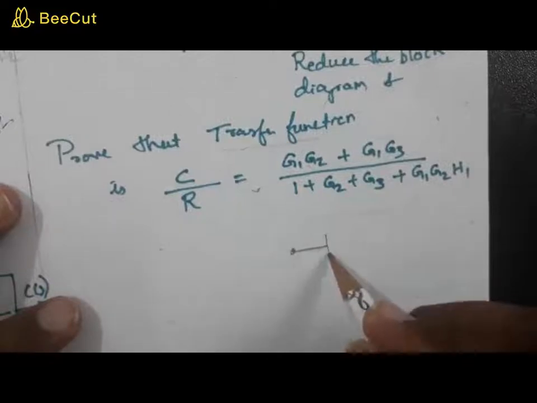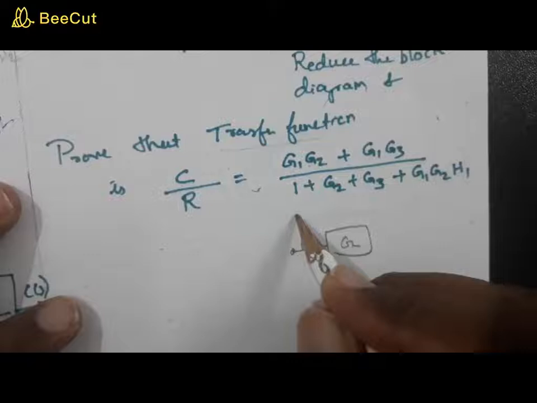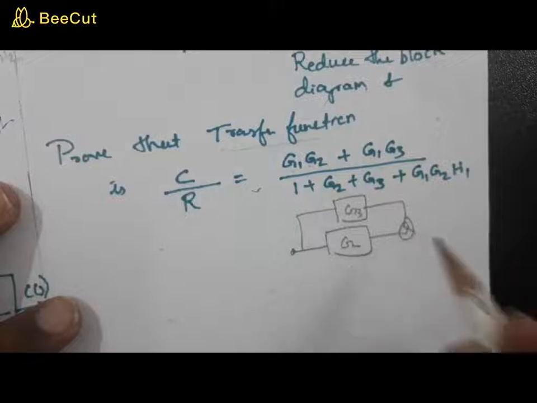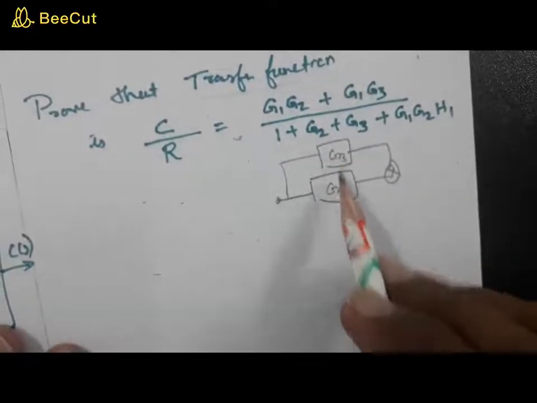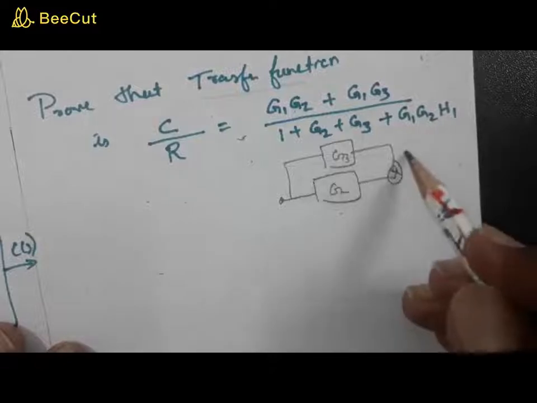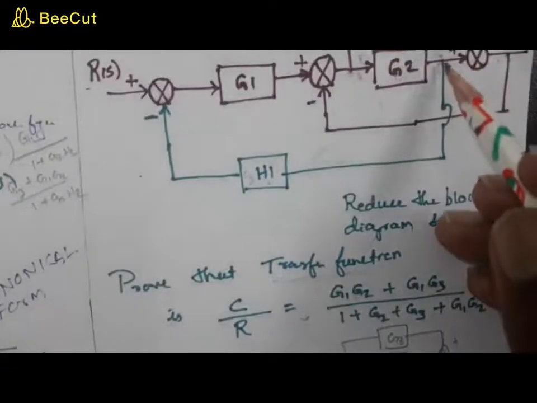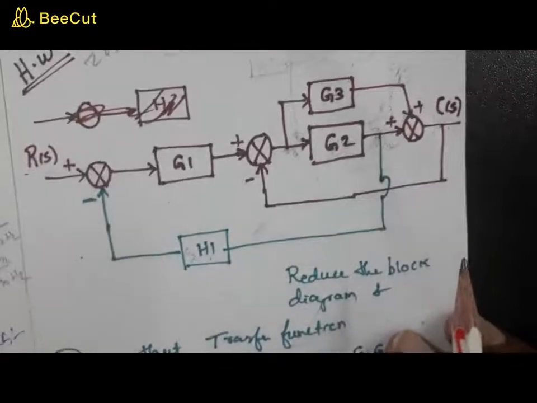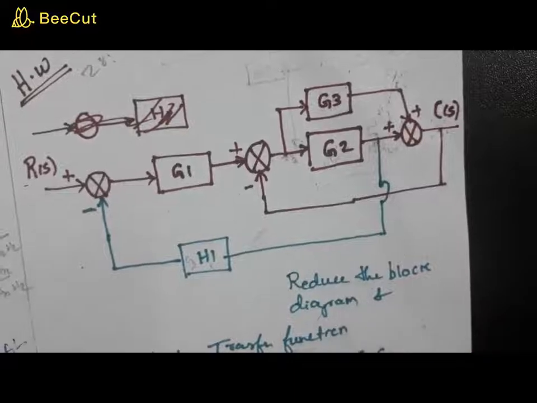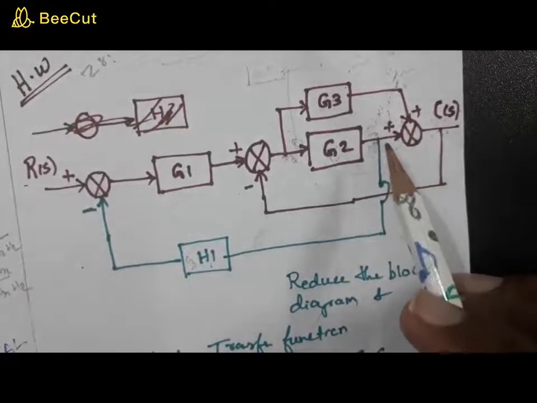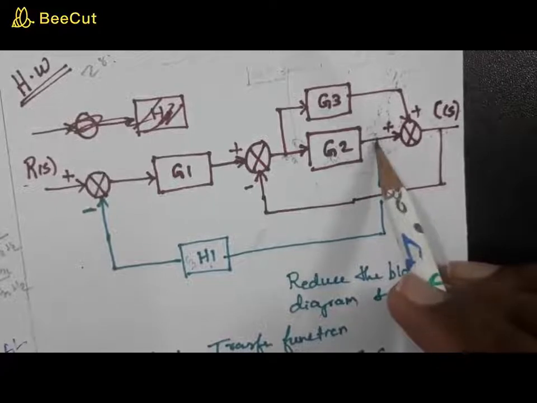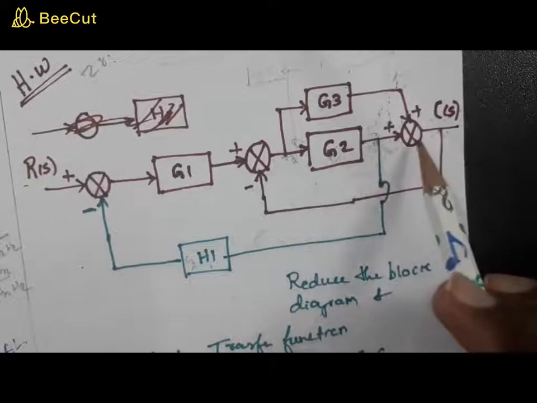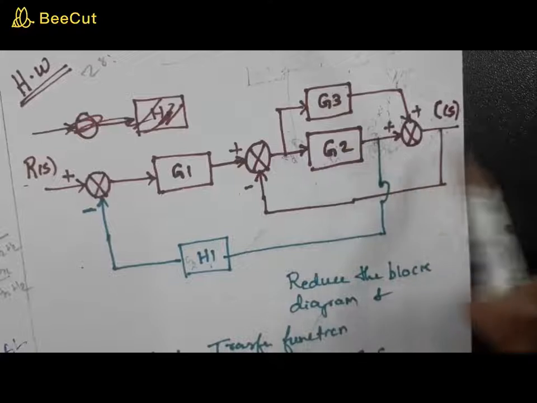See, you have G2 and in parallel you have G3. Only then can you convert this into a parallel block, that is G2 plus G3. Assume that this is plus plus. But this is the problem. Now, if I can shift this point to this side or this side. As I told you earlier in the previous video, it is always recommendable, as far as possible, to shift your point either to the left or right of a block, rather than shifting across the summer.